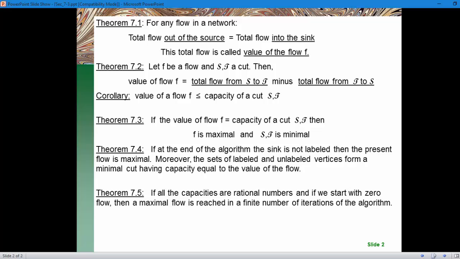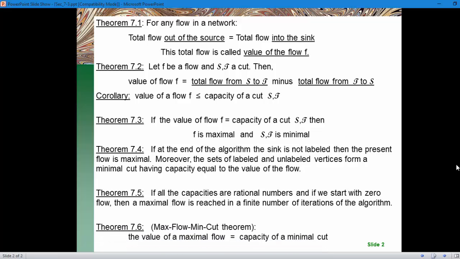Then you apply the algorithm, and at the end you find a maximum flow, and then you divide by the common denominator. So the maximum flow is also reached in a finite number of iterations.